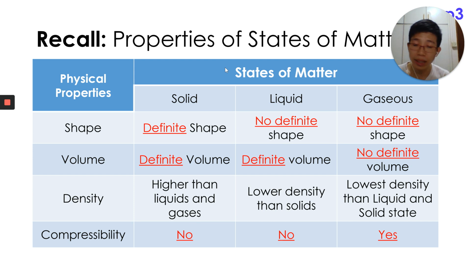Solid and liquid cannot be compressed, while gas can be compressed. We'll be investigating these properties in the next lesson, as for this part of the lesson we'll just be focusing on how the model of metals works: the arrangement, the forces, and the movement in solid, liquid, and gas.